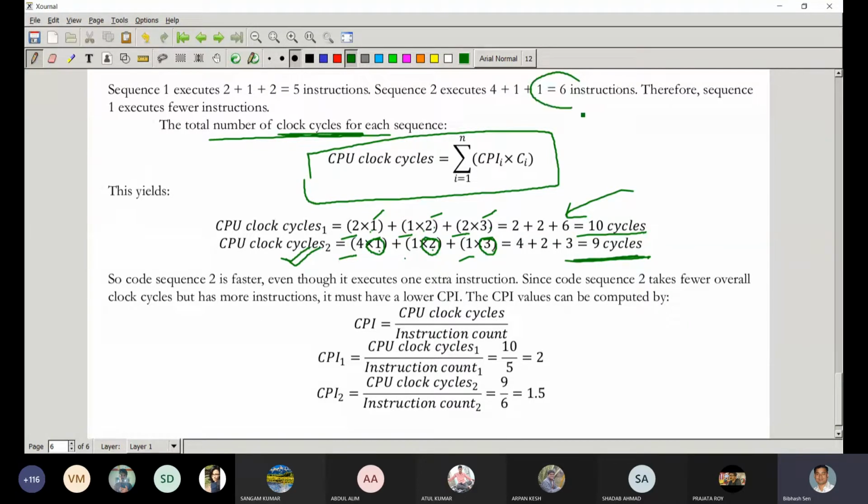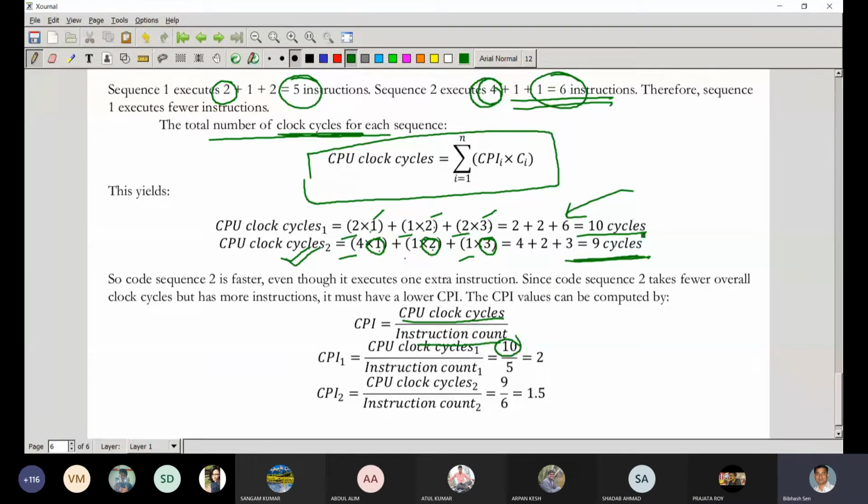So we already know there are 5 instructions for one and 6 for the other. Even though it has more instructions, notice that in the first clock cycle the number of instructions executing differs from the second and third correspondingly. So CPI is CPU clock cycles divided by instruction count.